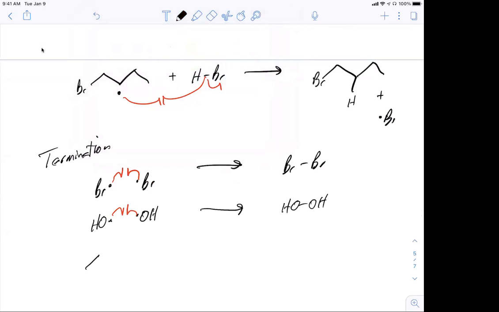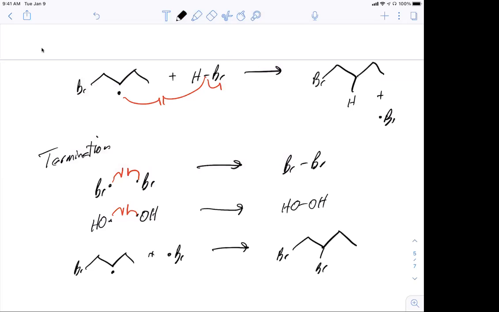Could have had the carbon radicals, let's say, plus a bromine radical. This would be incredibly rare, but you could potentially end up with a trace of this. So again, termination, students often have problems with termination radical reactions because they're not standard.